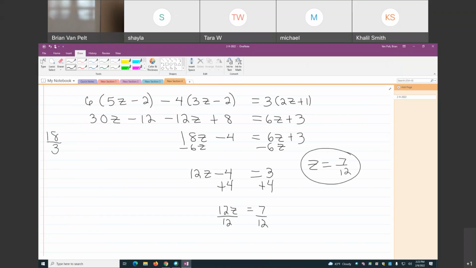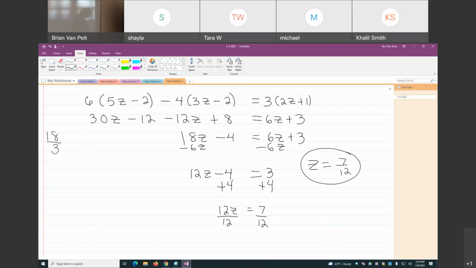Should we do some with decimals? So if they give me decimals, I would work in decimals. I wouldn't change it to fractions. Whatever they give me is the form I would work in.